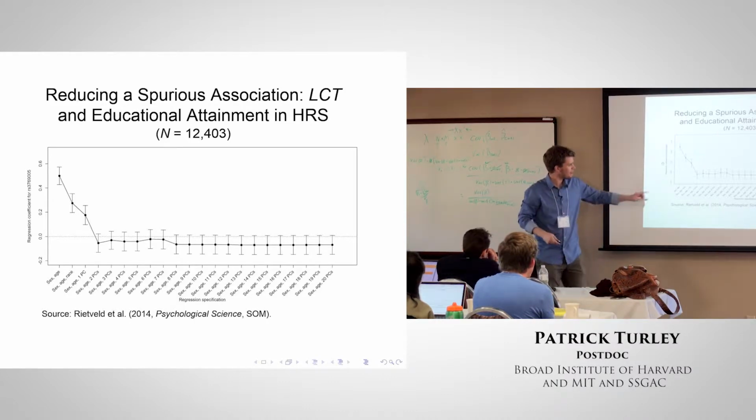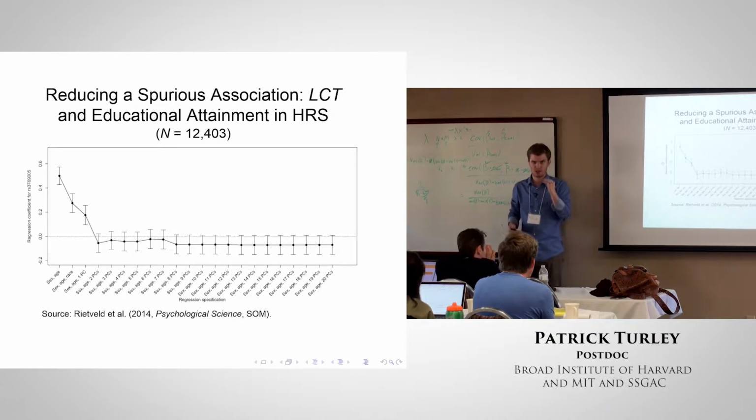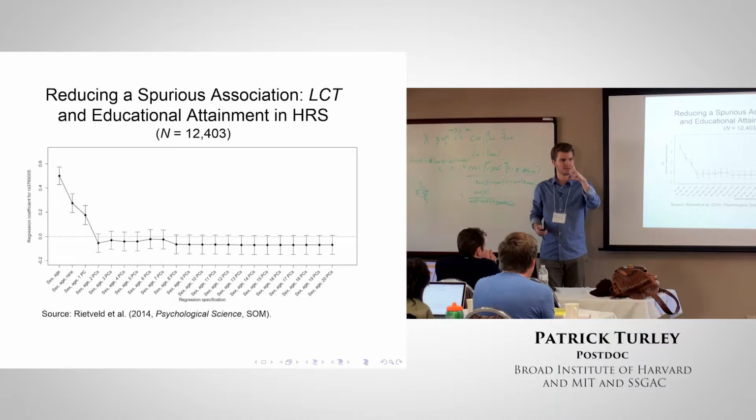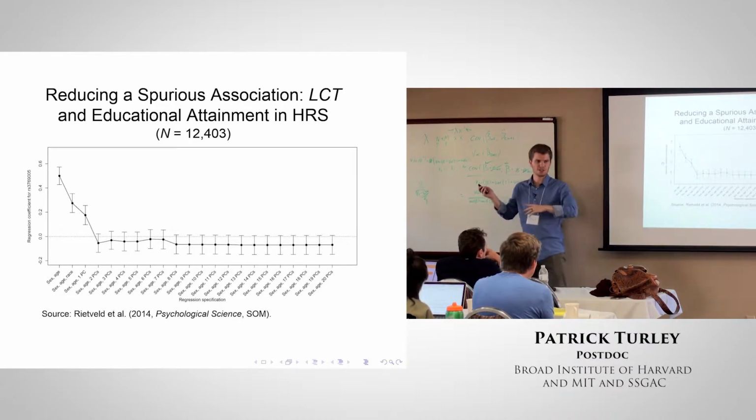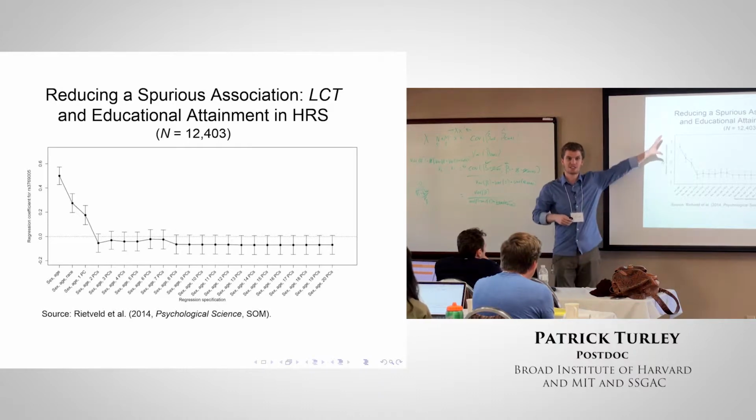Here is a regression coefficient from a GWAS of a SNP, and I think this SNP is on the lactase gene, the gene that allows you to process lactose. We already know that different populations are able to process lactose better than others, so this is a signal that some of these people have this variant that allows you to process it, and some don't.